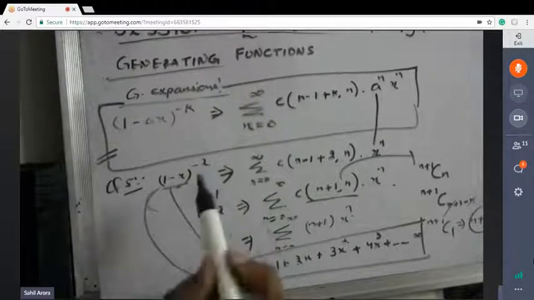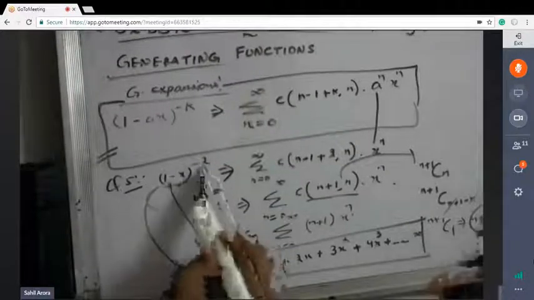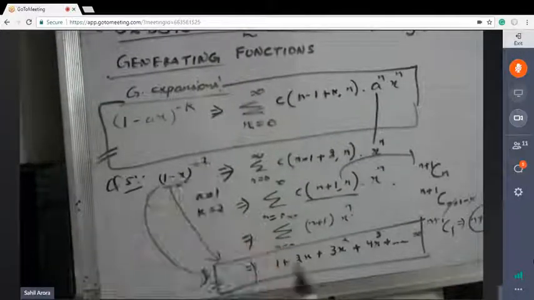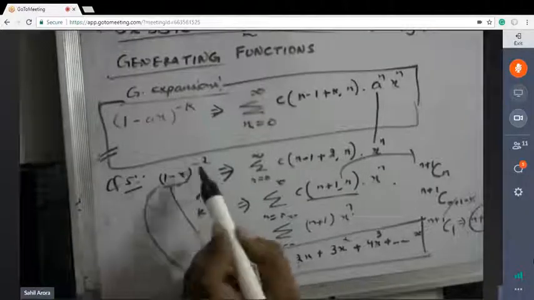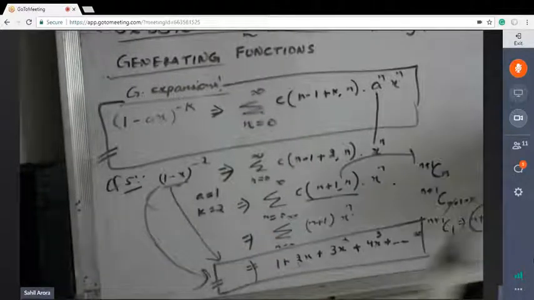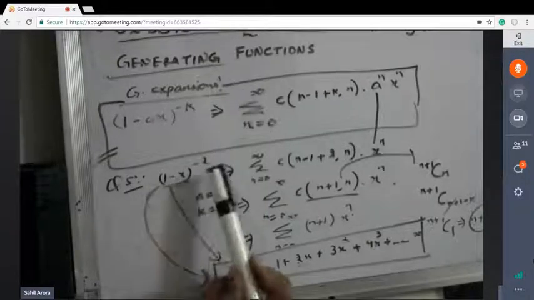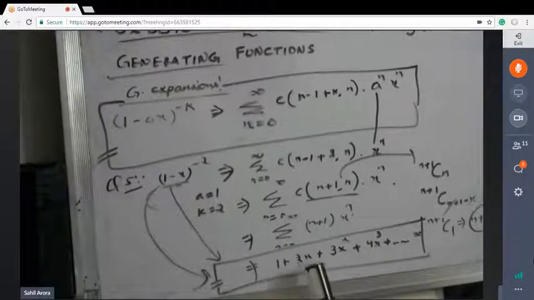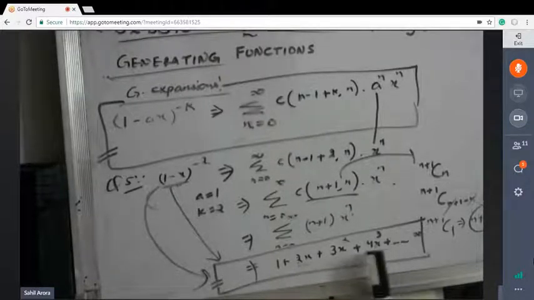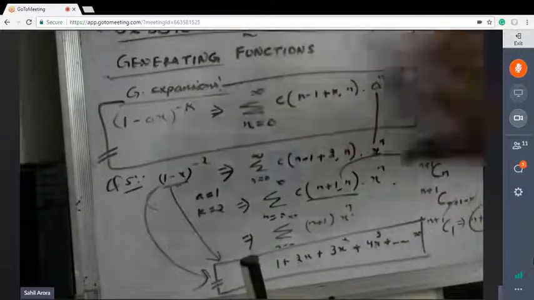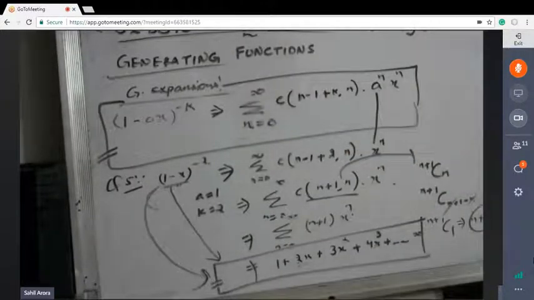Then, since minus minus forms plus, we can directly write 2x. Then we can increment the terms and the powers, so it becomes 3x squared, 4x cubed, and so on up to infinite. So we do not even need to remember all this. We can do it very fast. Simple.